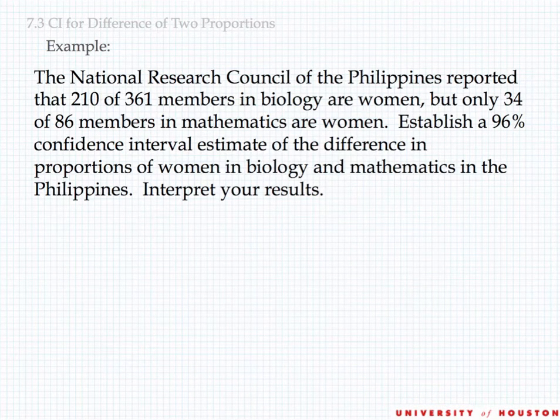Let's do an example. The National Research Council of the Philippines reported that 210 of 361 members in biology are women, but only 34 of 86 members in mathematics are women. Establish a 96% confidence interval to estimate the difference in proportions of women in biology and mathematics in the Philippines, and then interpret your results.